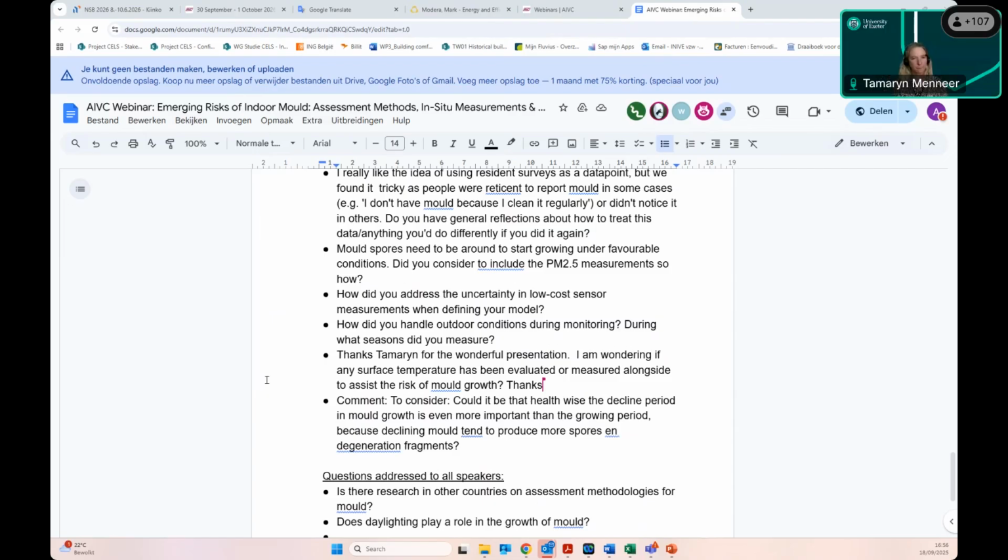Yeah. And more in depth about health to consider, could it be that health-wise the decline period in mold growth is even more important than the growing period, because decline molds tend to produce more spores and degeneration fragments? Okay, yeah, that's an interesting point.